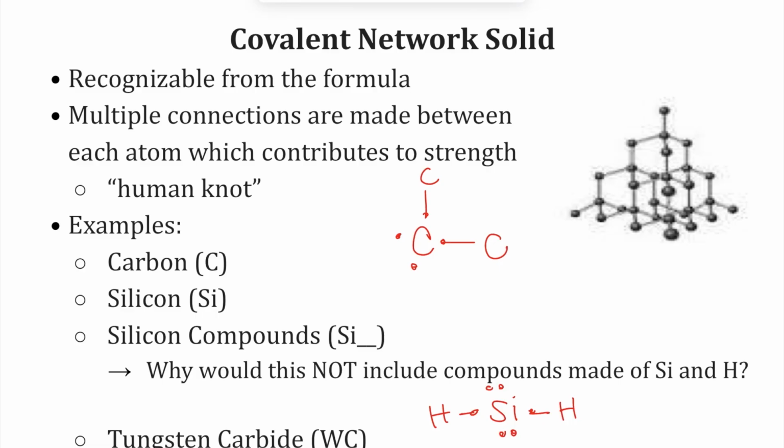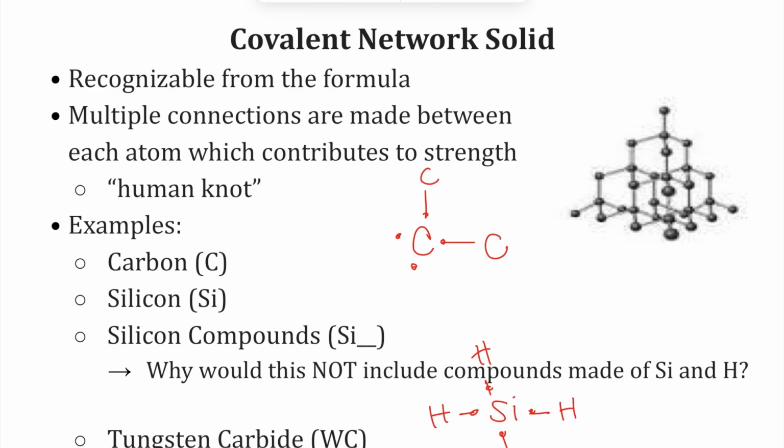That's why it's not going to be a carbon or silicon network compound. We would have to have 4 hydrogens around it, and those hydrogens are not going to keep sharing because those hydrogens are happy with just 2. They're not going to share on any other sides.